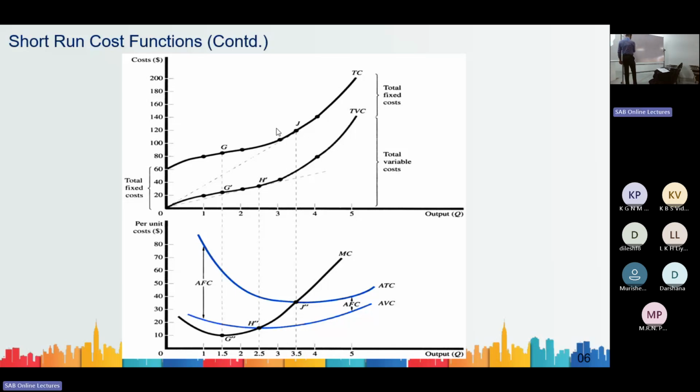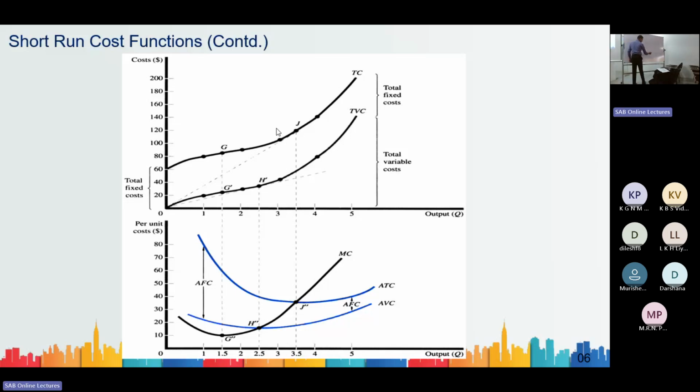So if the total fixed cost is 10,000, the value of total fixed cost will not depend on the output level. So even when producing 0 units of output, the total fixed cost will be 10,000.